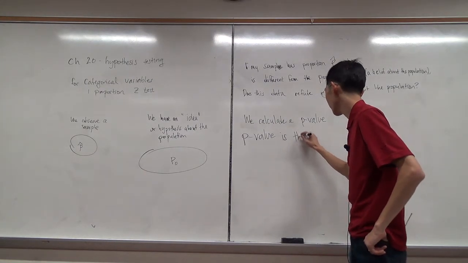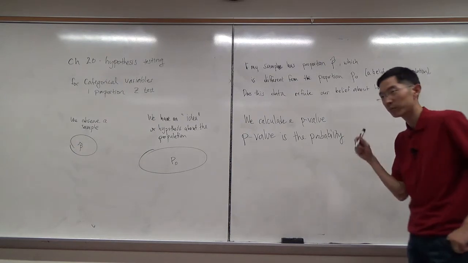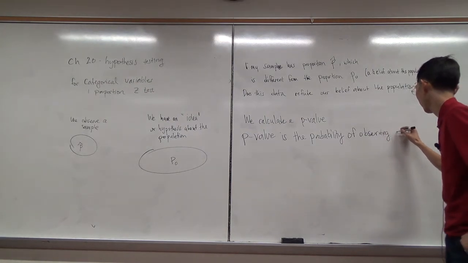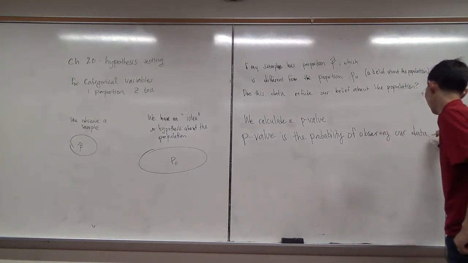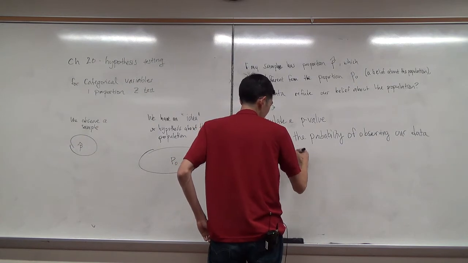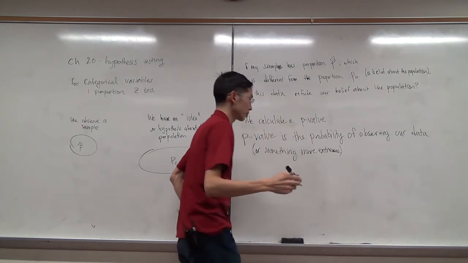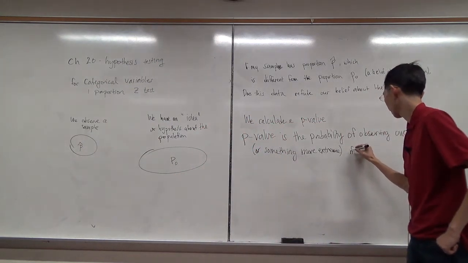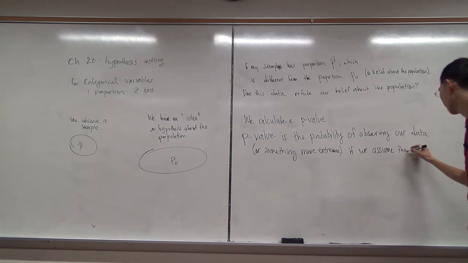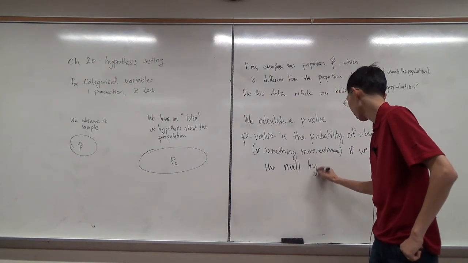It is the probability of observing our data, or something more extreme, if we assume that the null hypothesis is true.